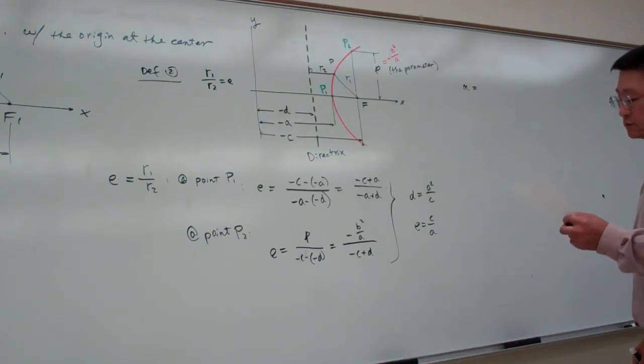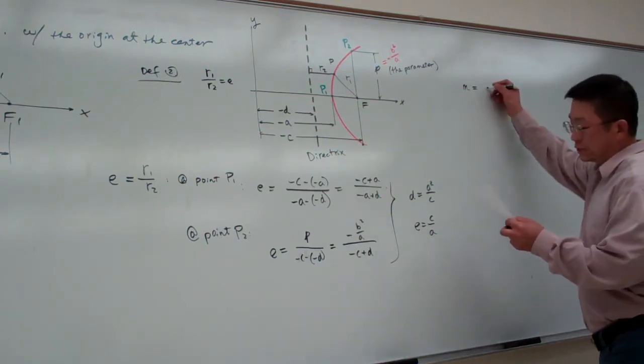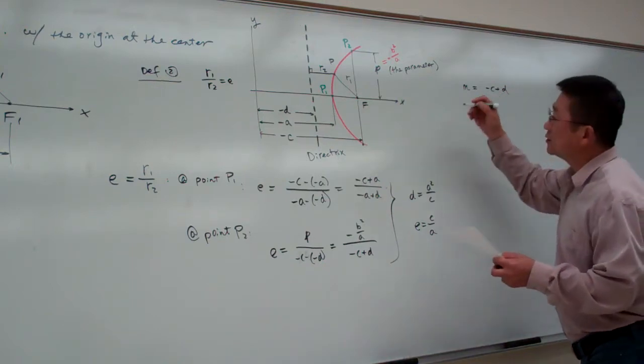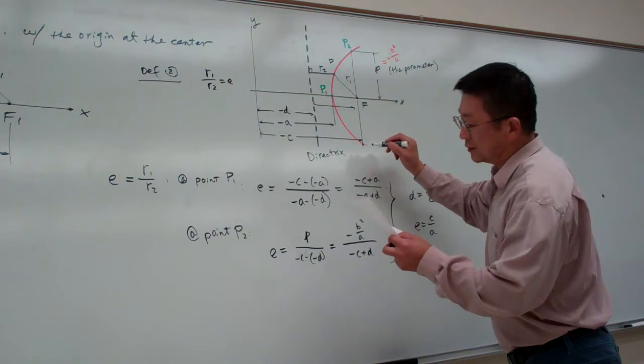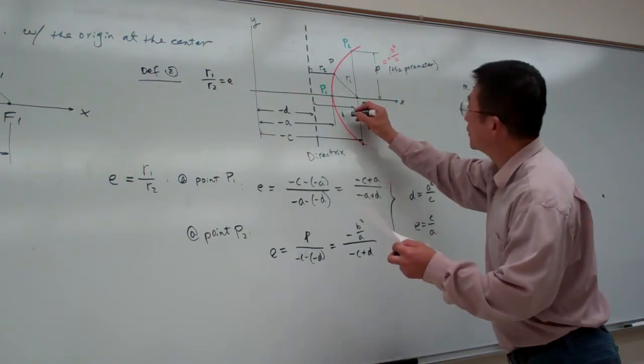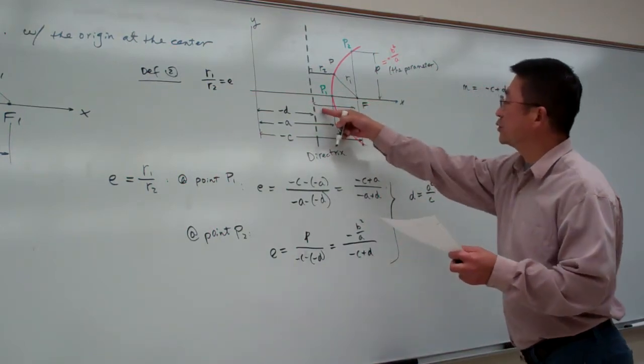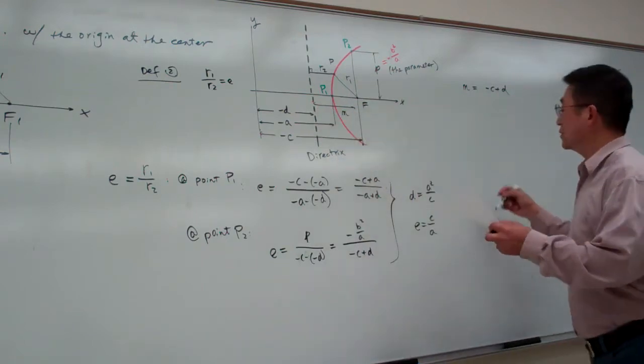m equals minus c plus d. So again, for some reason, from the focus, the distance between the focus and the directrix is n.